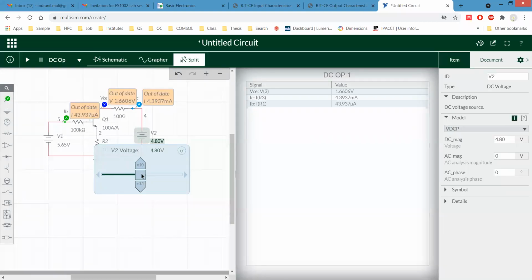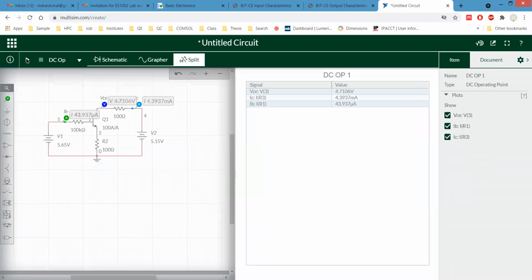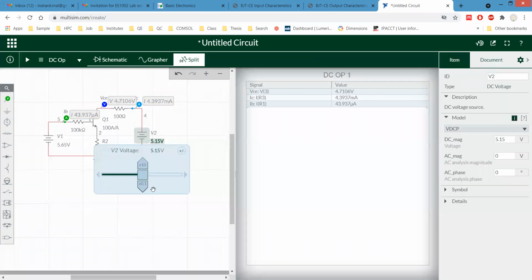Next, 5 volt. For 5 volt, the current is saturated. Voltage is 4.71, but the current is almost similar, 4.393. Yes, sir. Let's have some more data up to 10 volt. Initially, what was the last value for the previous set of data?